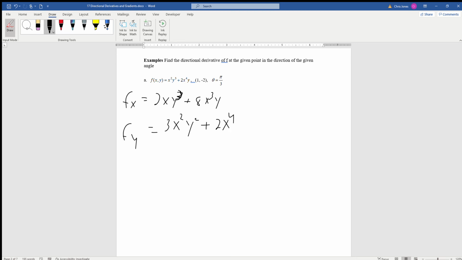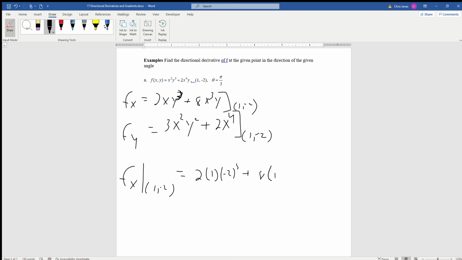What we'd also like to do is evaluate both of these at a specific point, which is (1, -2) for both of those. So f_x evaluated at the point (1, -2) is equal to 2 times 1 times (-2) cubed plus 8 times 1 cubed times (-2), excuse me.